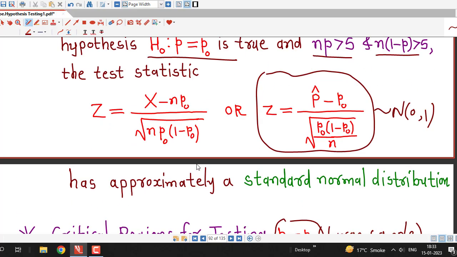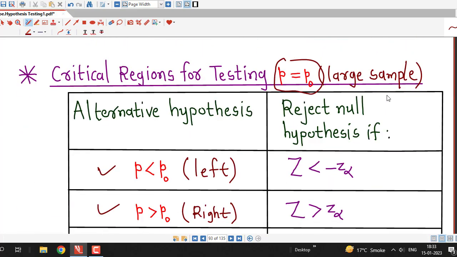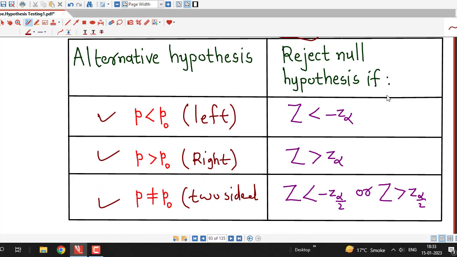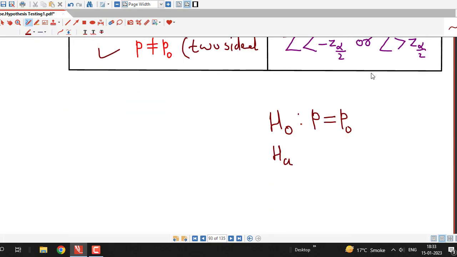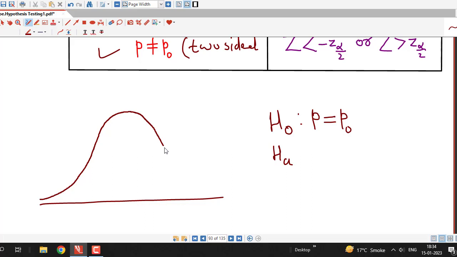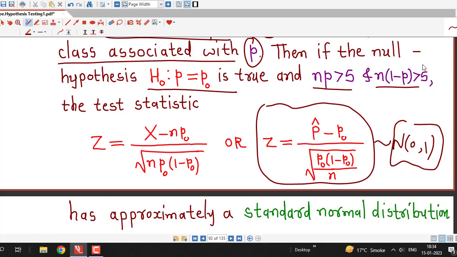Because our test statistic is approximately a standard normal random variable, the sampling distribution of the sample proportion has the shape of a normal distribution. We are familiar with the standard normal distribution. This is the sampling distribution of the sample proportion, and here this is not p hat, these are the values of test statistic Z, which is given by this formula.